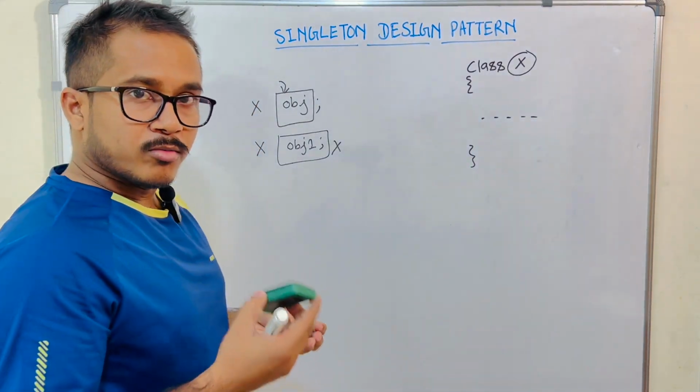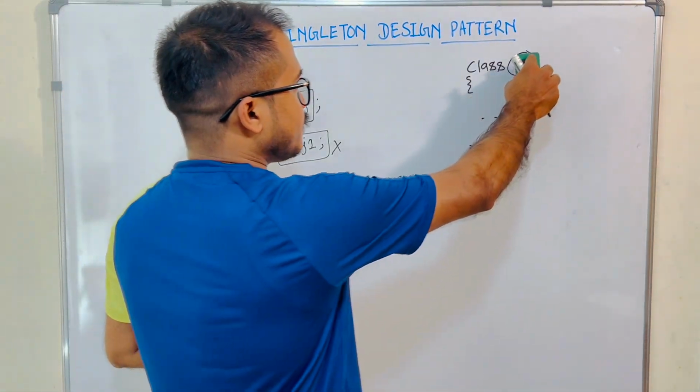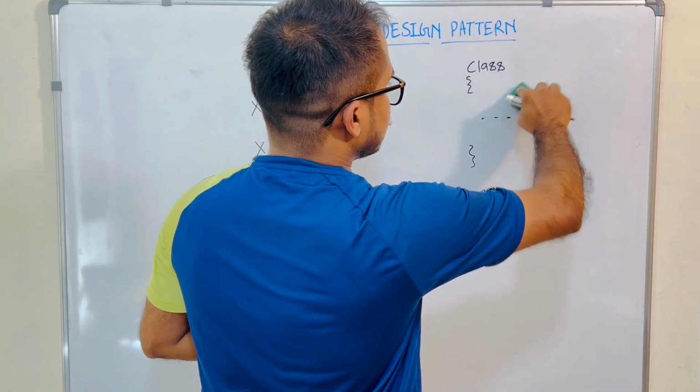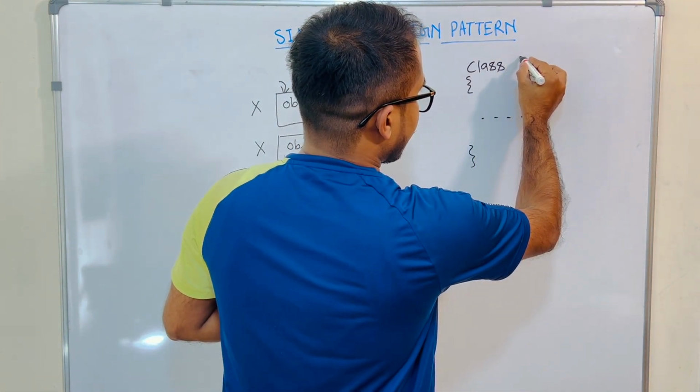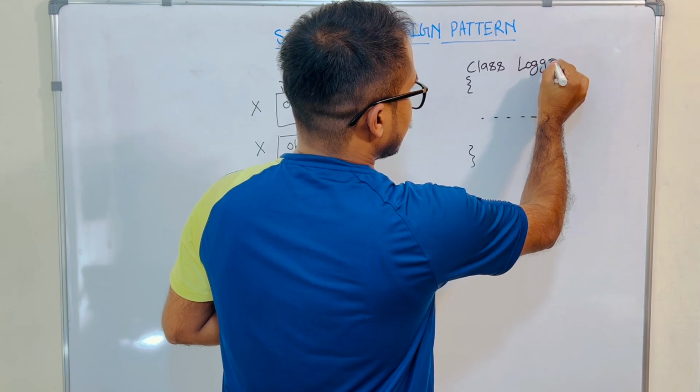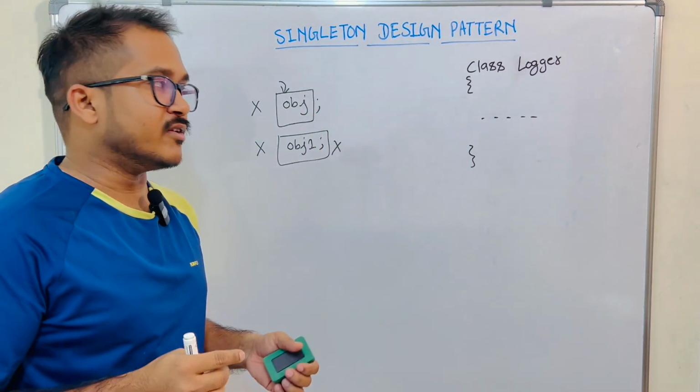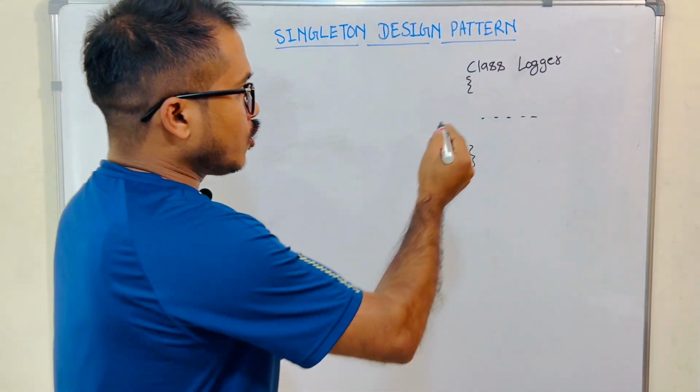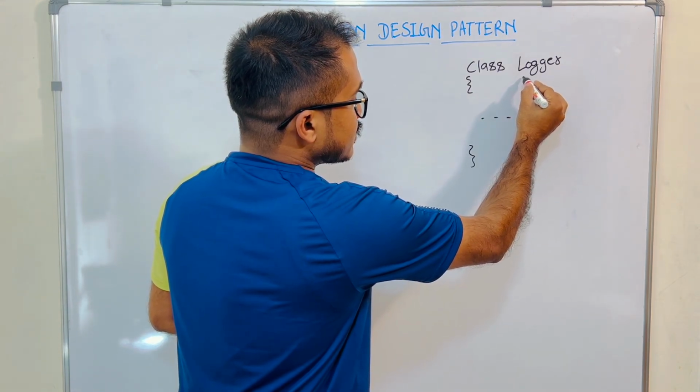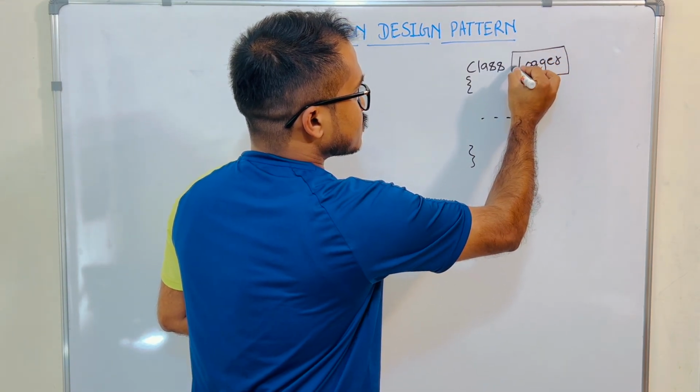So in what kind of problems do we generally use this? Let's say you have a logger inside your system which will log different events. What you want is to log everything using the single instance of this logger.